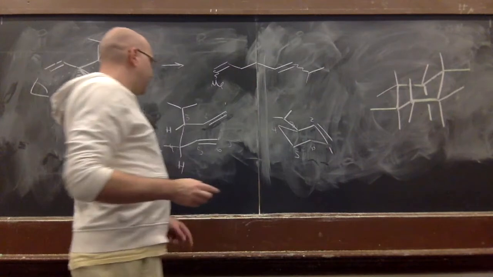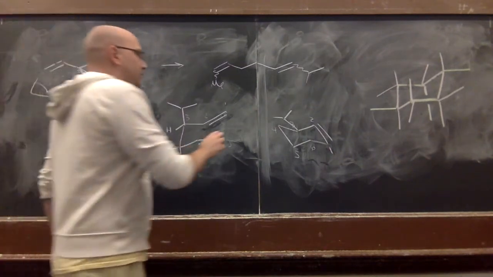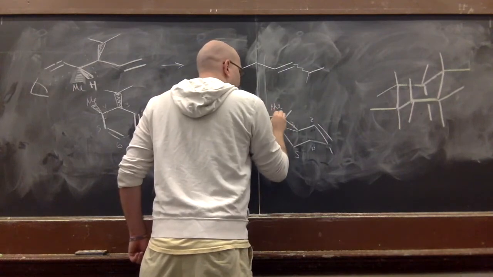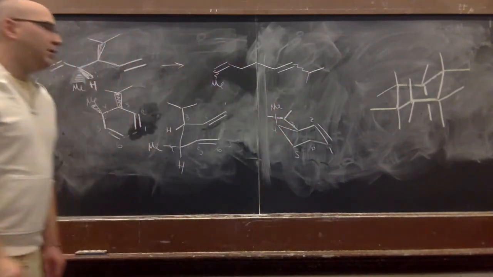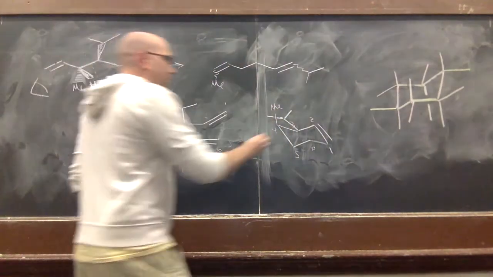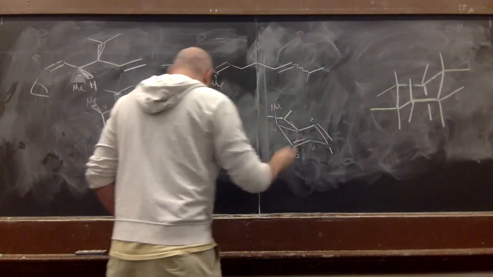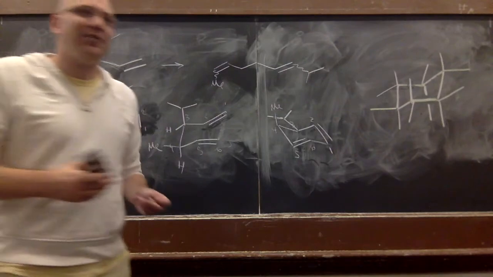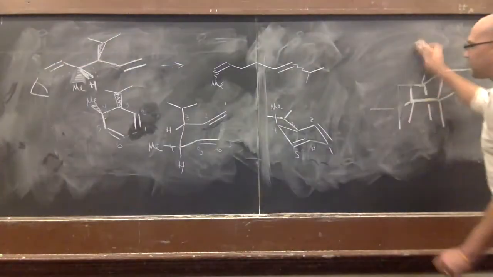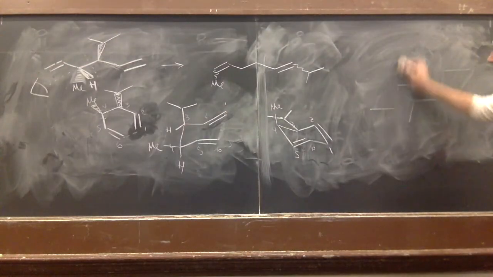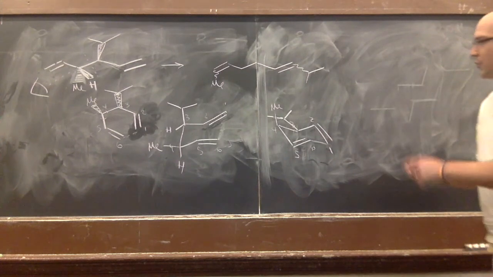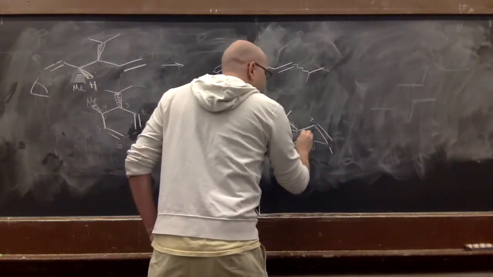And the methyl group is now going to be up axial. Right? And then we have our 5,6 double bond, okay? So now, oh man, we're not going to have enough time. So anyway, from here, what you guys will then do is the rearrangement.